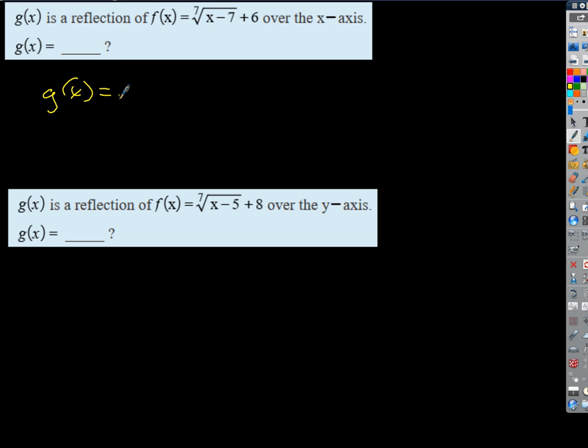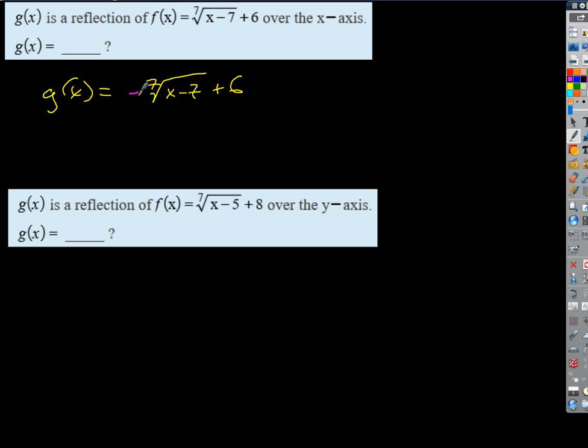Make sure everybody understands this difference. If I start off with just plain old f of x, so we haven't done anything yet, it's the seventh root of x minus 7 plus 6. Now look what happens. If I put my negative sign right there, what did I just do? What did it do to the graph?